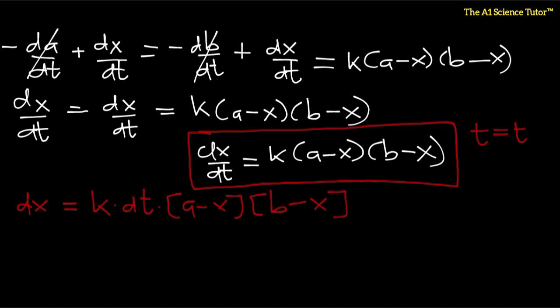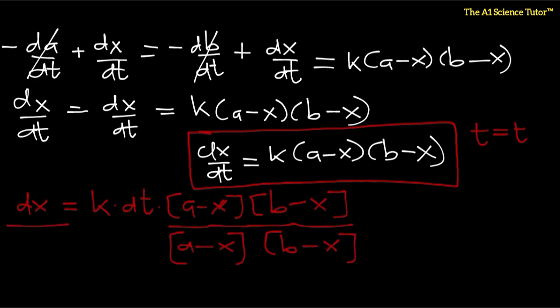So what I'm going to do in the next step is to take (a minus x) and (b minus x) away from this side and take them to the other side so that I can integrate with respect to x. How can I do that? That is by dividing through by (a minus x) and (b minus x). So this is going to be b minus x. And obviously, on this side, I also need to write a minus x and b minus x.